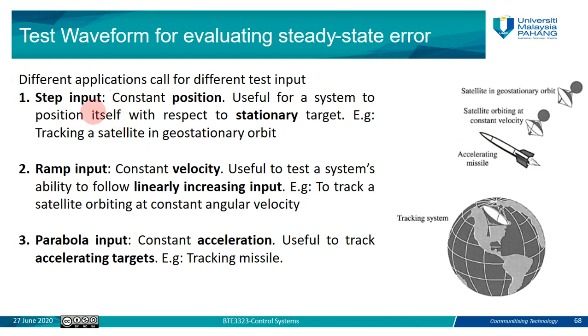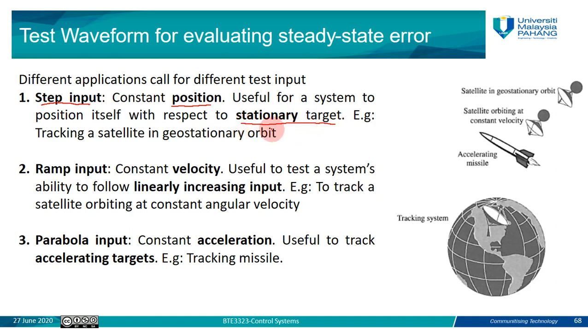For example, the step input u(t), or 1 over s, will be used since this function has constant position. Since it has constant position, it will be used for a system position that is fixed with respect to a stationary target.